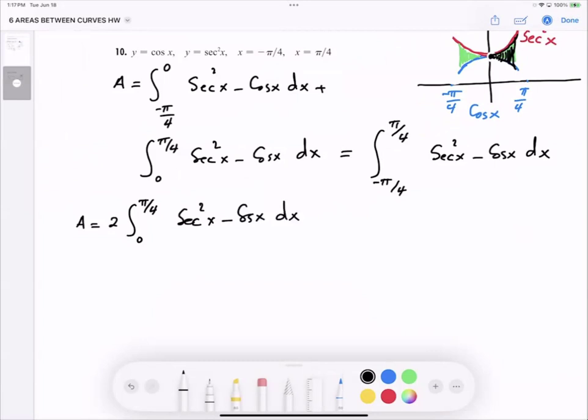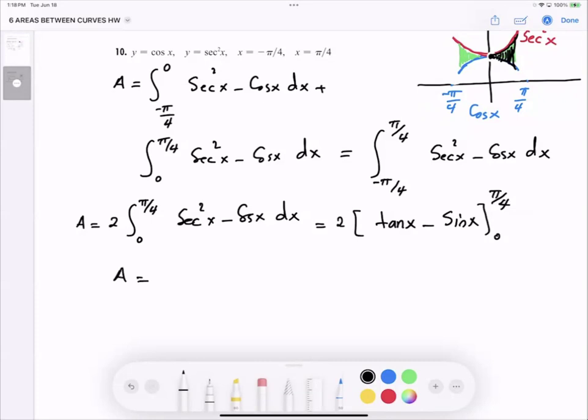Remember that the integral of secant squared, from the shortcuts that you learned, is tangent of x. So this is equal to 2 times tangent of x minus, cosine x gives you minus sine x, with x bounded between 0 and pi over 4.